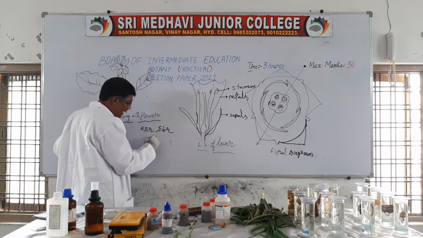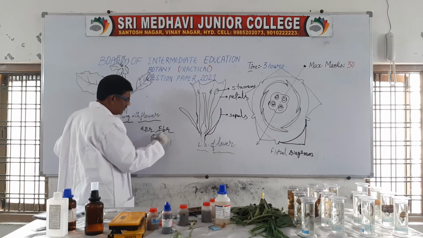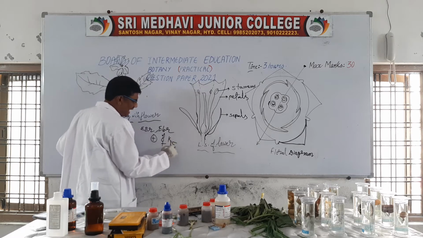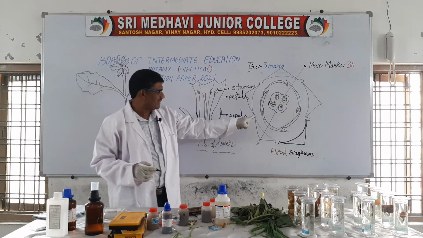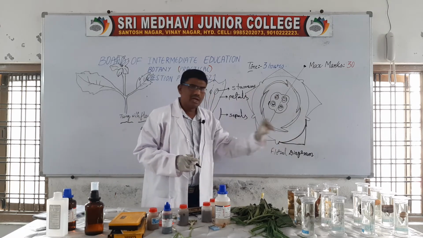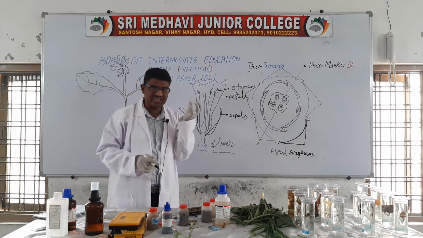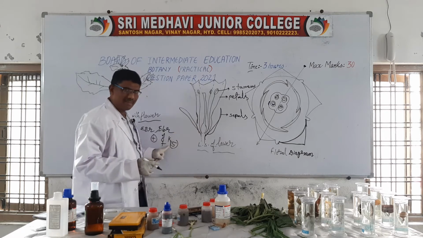Then actinomorphic flower, then bisexual flower, then calyx are 5 and they are united. All these sepals are united, forming a bunch or funnel-like structure. This is called gamosepalous.